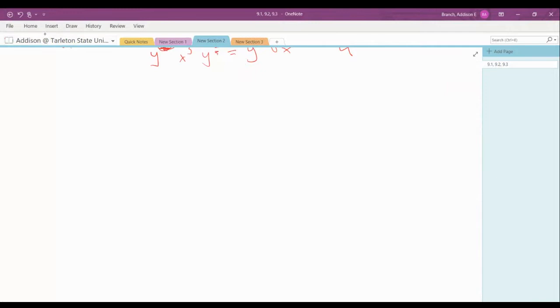Now that we've talked about what a differential equation is, let's talk about what a solution is.